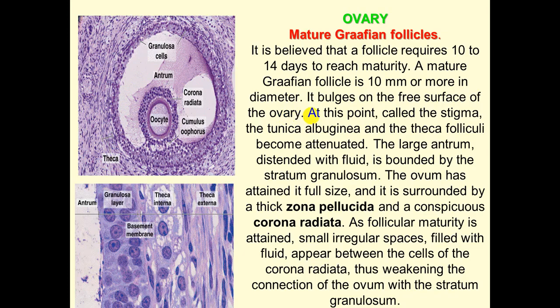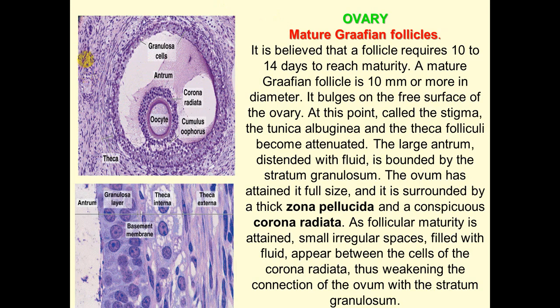In this region, the tunica albuginea of the ovary and the theca folliculi, theca externa of the follicle, become attenuated. The large antrum, you can see, is filled, distended by the fluid, and bounded by the stratum granulosum.